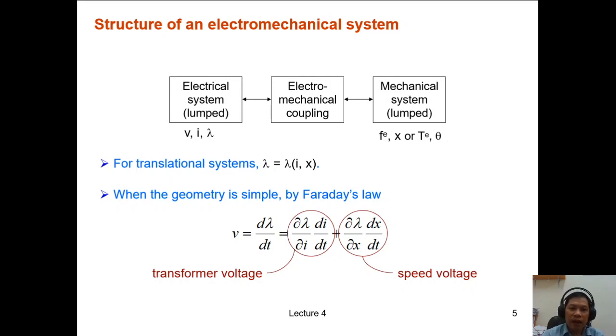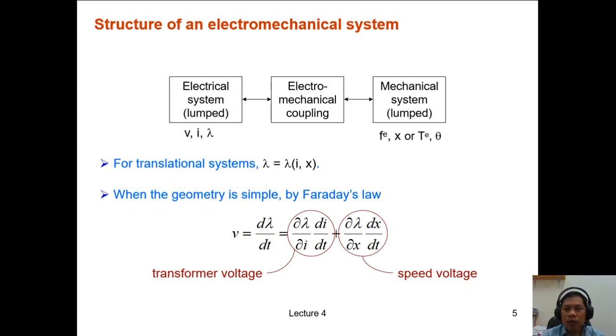So you either have F and x or T and theta. Between them is an electromechanical coupling environment, and in our case the coupling environment will be the magnetic field and the magnetic structure. So first let's have a look at the translational system.